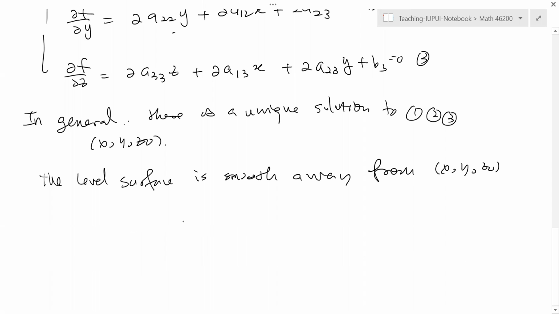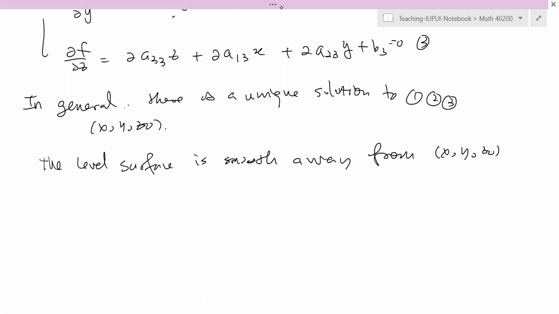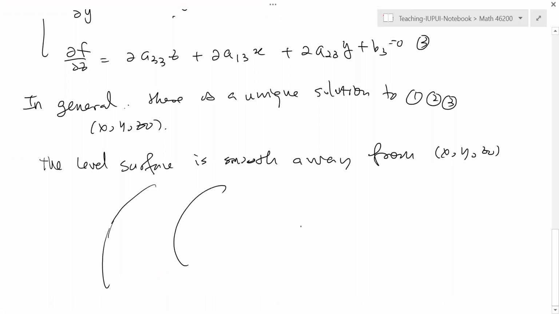So this is the level surface here in space. The function is defined everywhere, so we don't need to worry about the domain. You have the level surfaces, F equals k, and this is a point, maybe here.